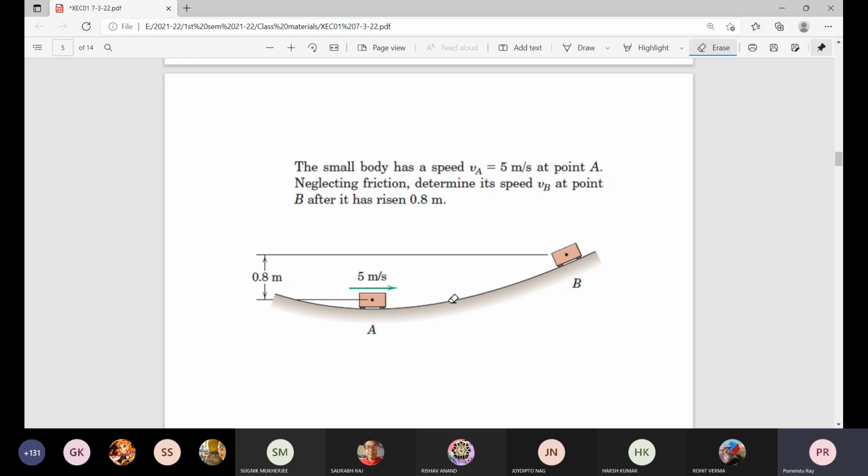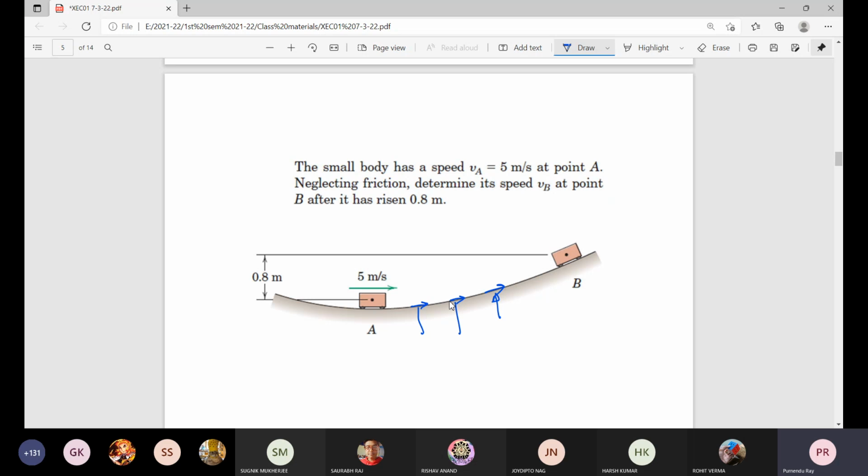Normal reaction is there, but normal reaction is not involved in the calculation of work done, because it is perpendicular to the direction of movement. At any location, the displacement is tangential to the path and perpendicular to this reaction. So that part is not involved.